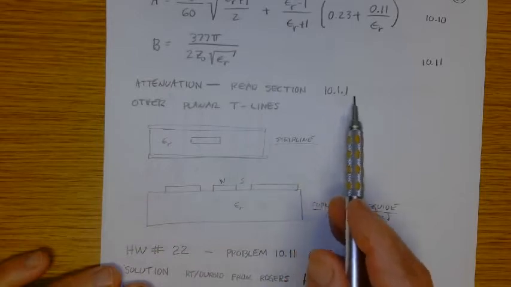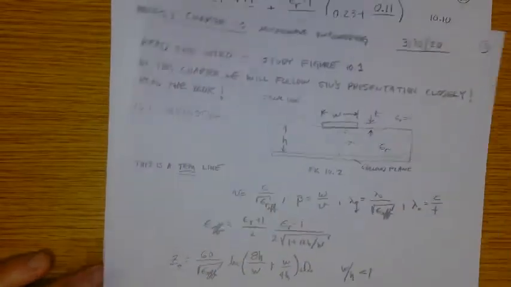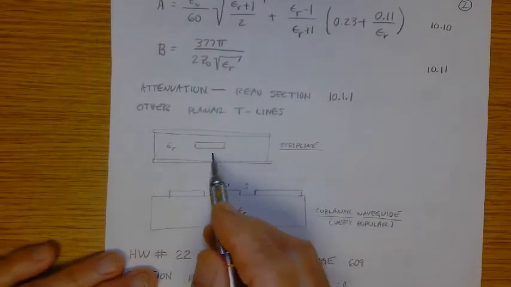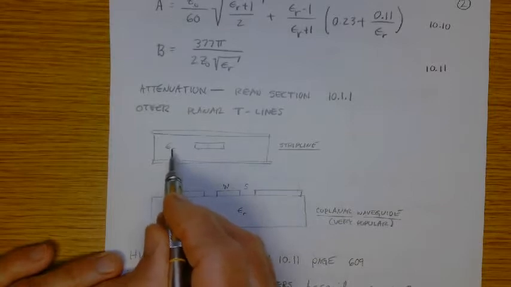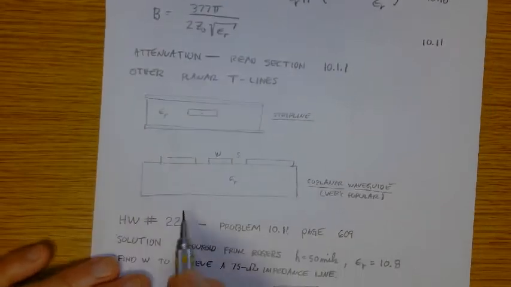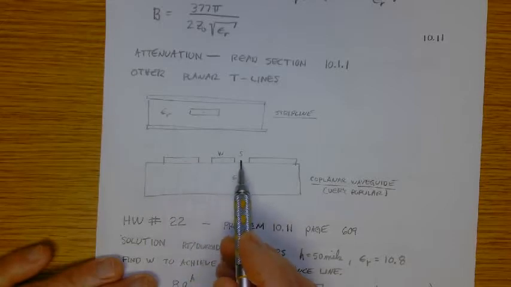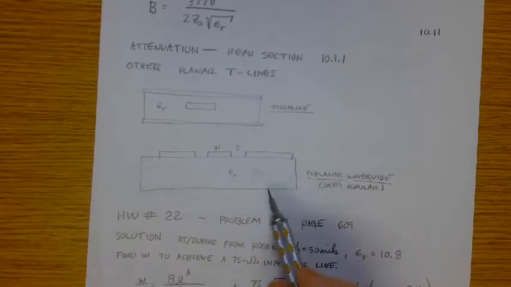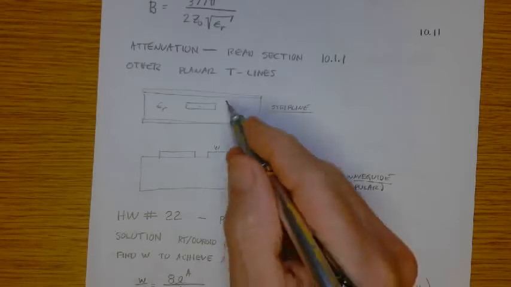Read sections 10.1.1. He's got other types of planar transmission lines. This is microstrip, so we've got formulas for microstrip, but very often you'll use some other type, like stripline, with a conductor in the middle buried in some epsilon relative, or coplanar waveguide. You see this quite a bit, with the substrate, width, and spacing here. So coplanar waveguide is used a good bit. There'd be some set of equations to determine the characteristic impedance of these geometries.